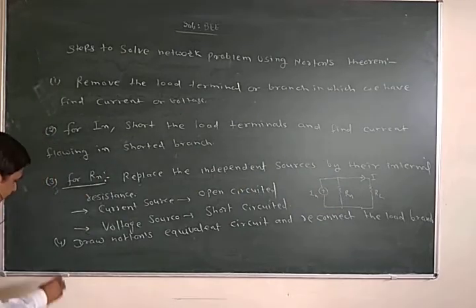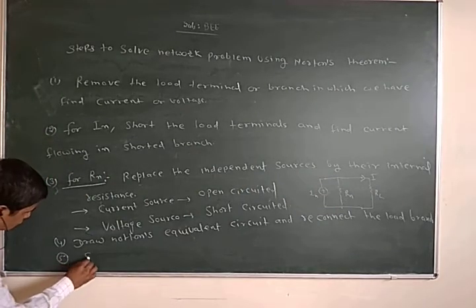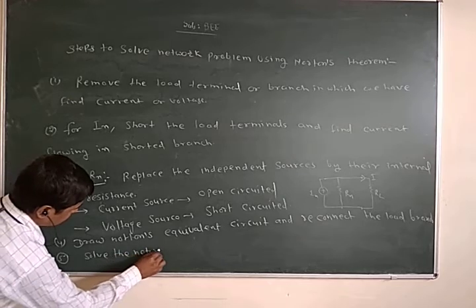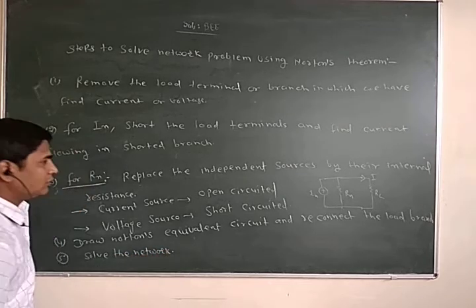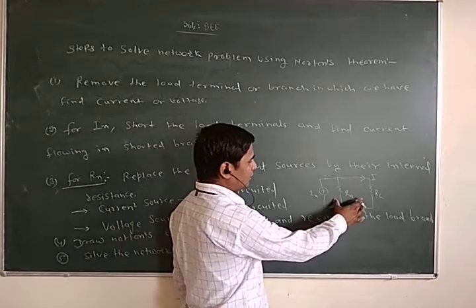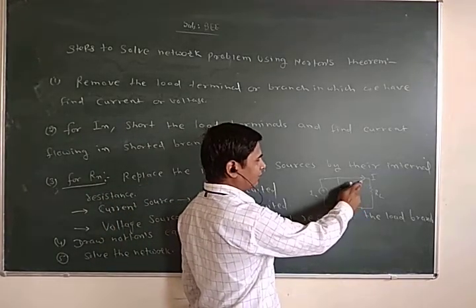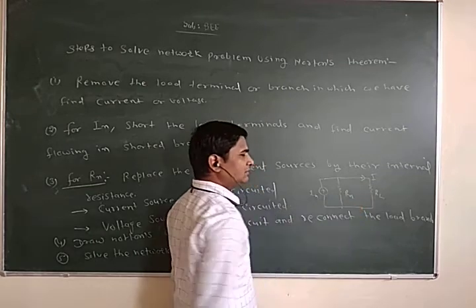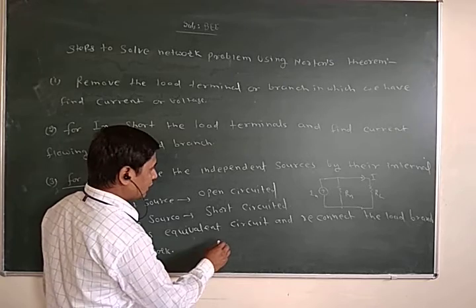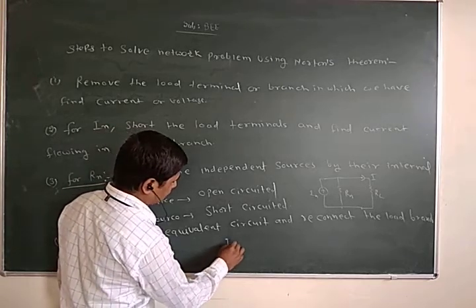Next step is to solve the network. Now this is the network, and if we have to find the value of current in the load branch RL, then we can use the current division rule.